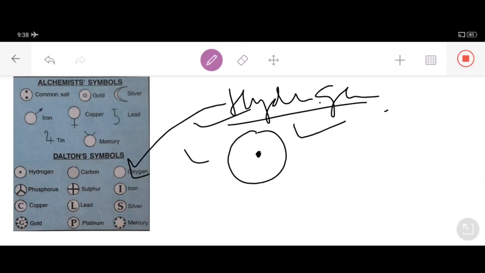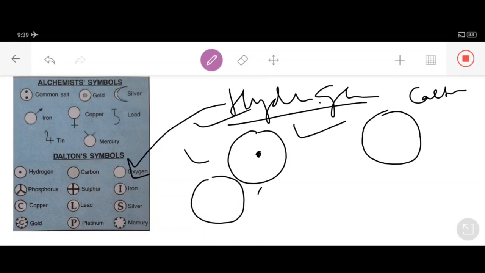Second, carbon was represented like this. It's carbon. There's oxygen. This was the symbol for phosphorus, like this. It's a circle and like this.